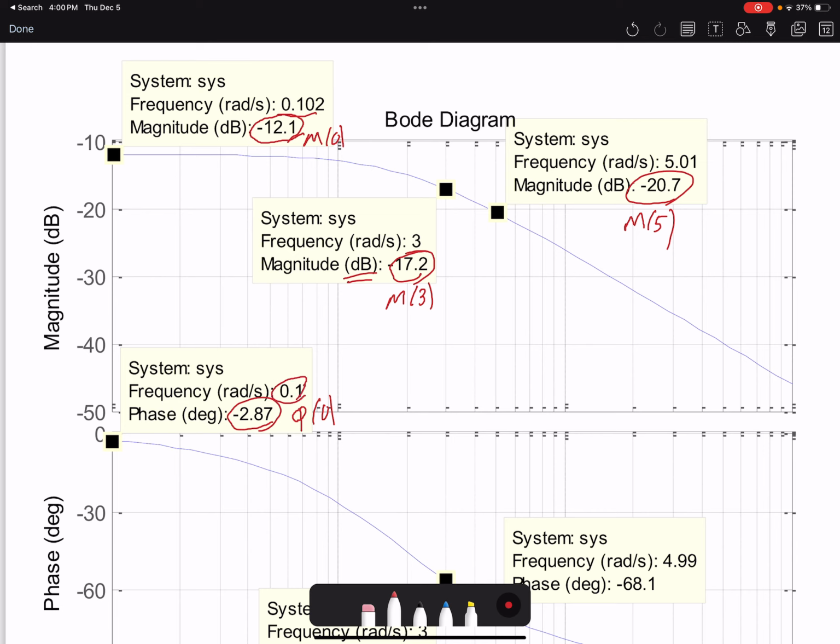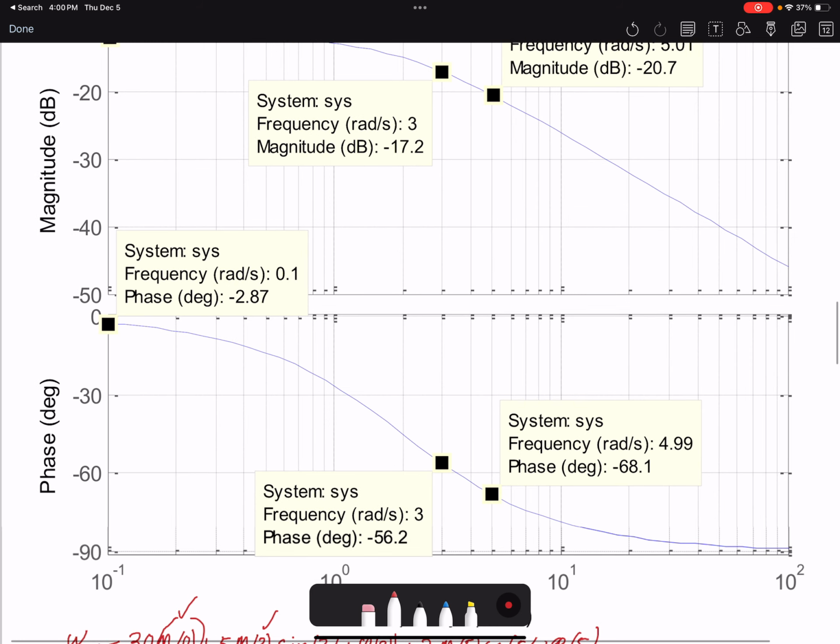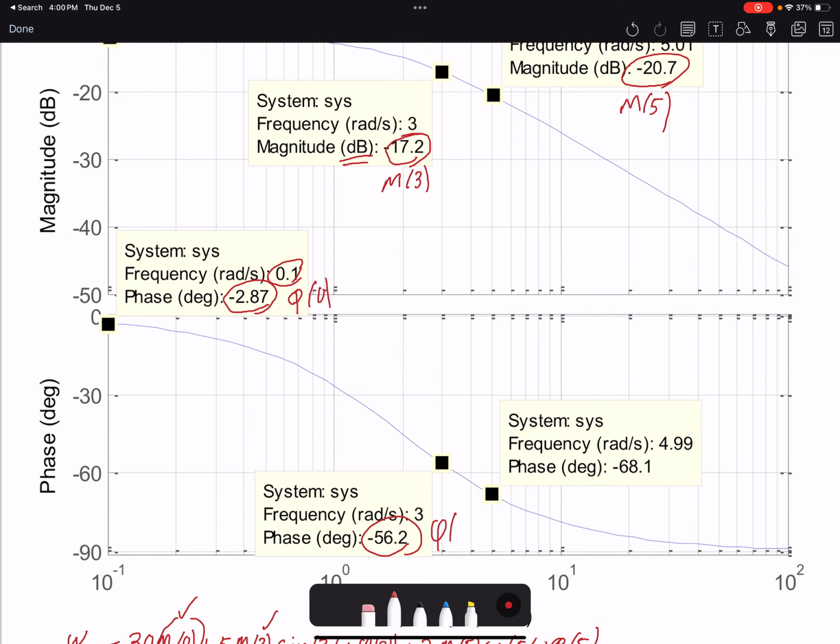The reason it's 0.1 is that you can't really click it. It's a logarithmic scale, it starts at 0.1. And here, that's the value for 3. And that's the value for 5. That's 4.99.